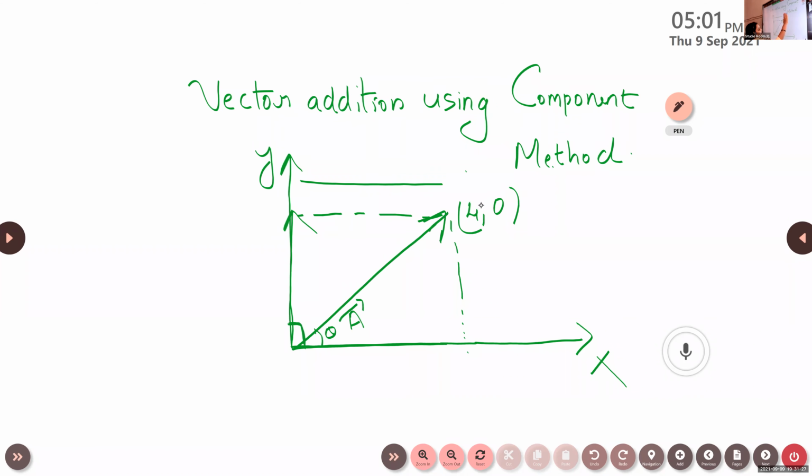Similarly, here we consider our horizontal component and vertical component along the x and y directions. Then the coordinates of this vector A are taken as AX, AY.